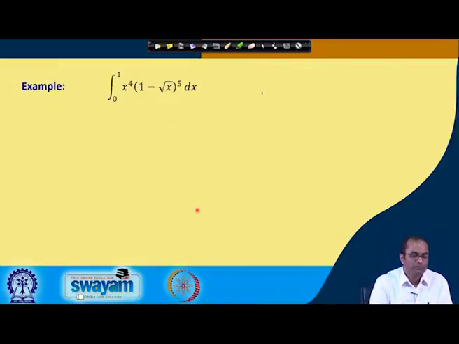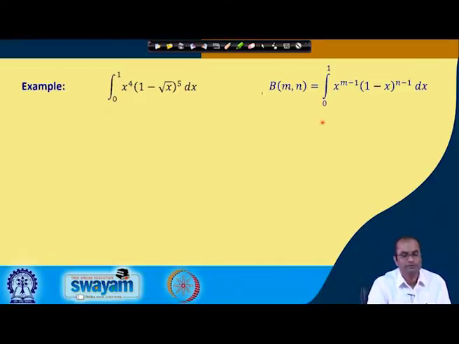Just an example: if we have this integral which we want to evaluate, 0 to 1 x power 4 1 minus x power 5 dx, we know the definition of the beta function. Sometimes it is difficult to recognize, but in this case it is not so difficult. By some substitution we can easily convert into this form and then we can evaluate.